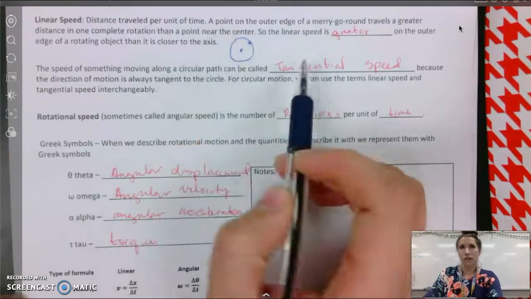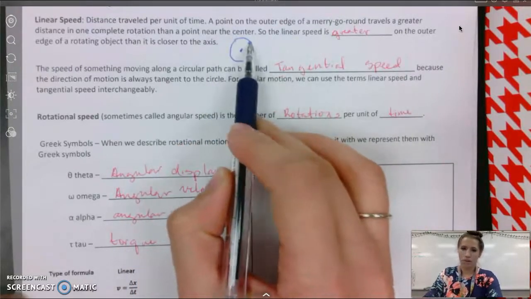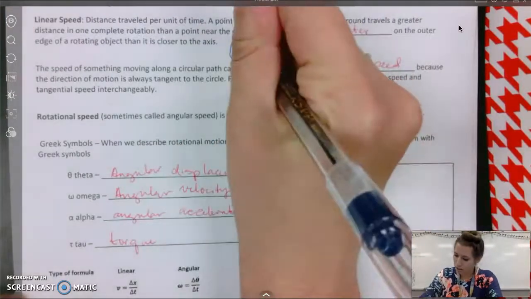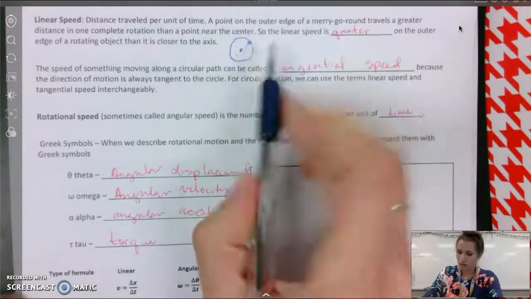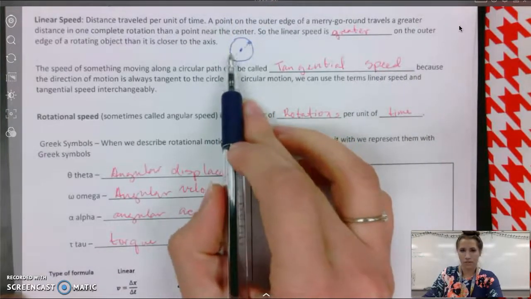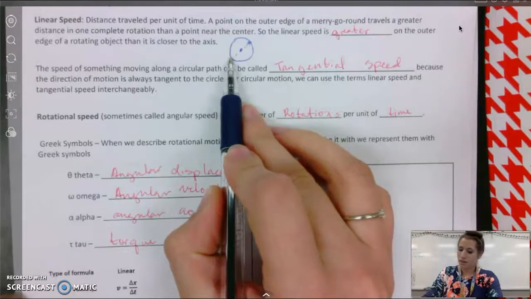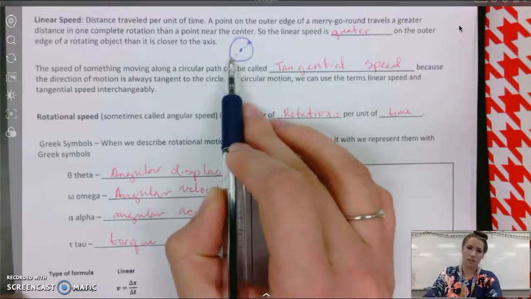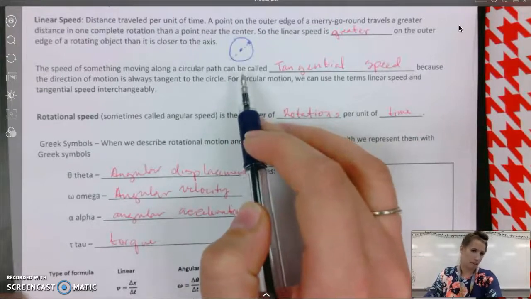So let's say that it takes 1 second for this person to go from here to there, right? Now, look at the distance that was covered there, and in the unit of time being 1 second.